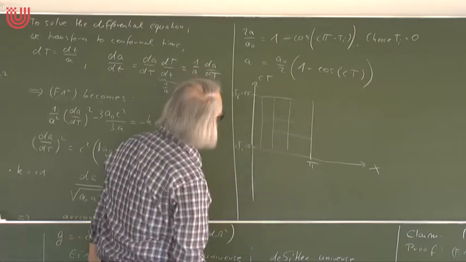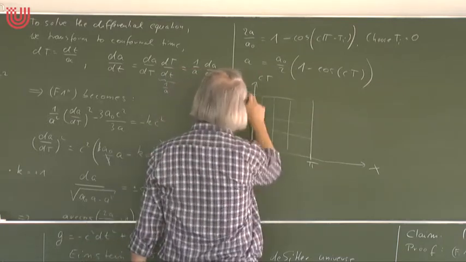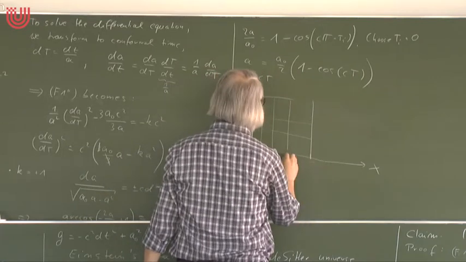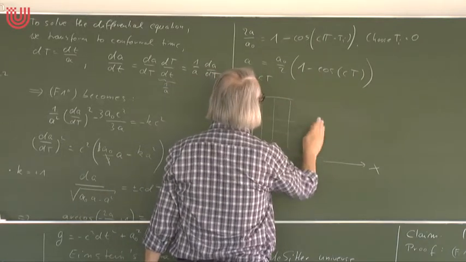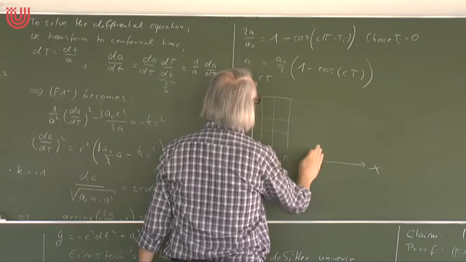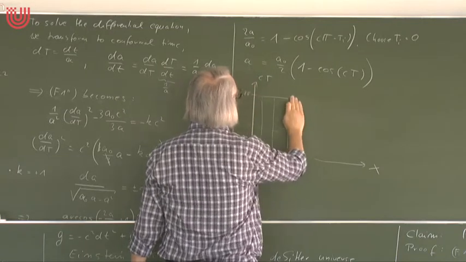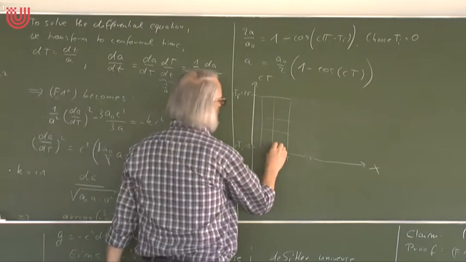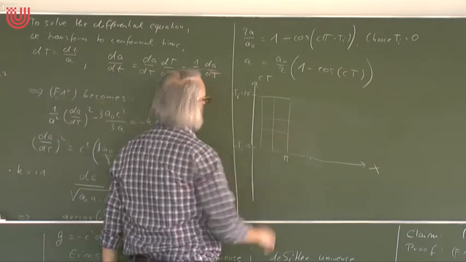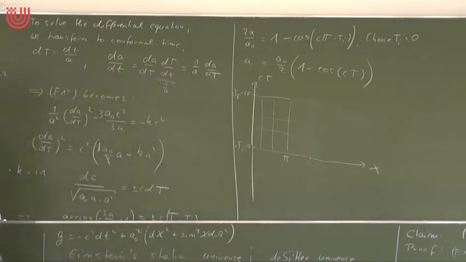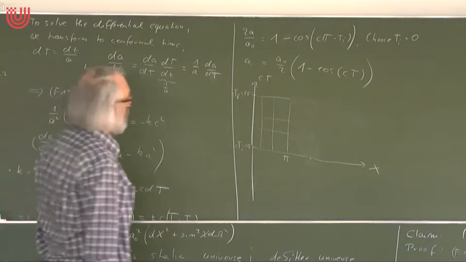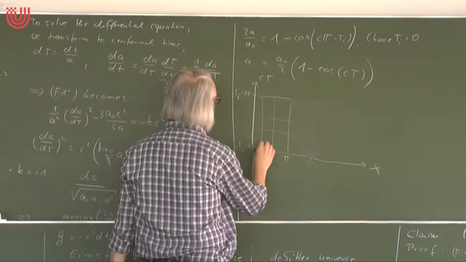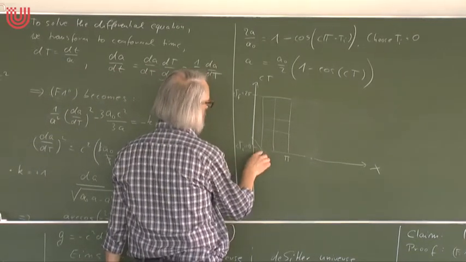Actually, in this case, it is not a square. You see, this has length 2 pi, this has length pi. So let me indicate this more clearly in the picture. So the height of this rectangle is twice as long as the horizontal extension, and this means we do have horizons, but the whole world comes into view in a finite time, right? At this time, when I'm here, I don't see all other particles.